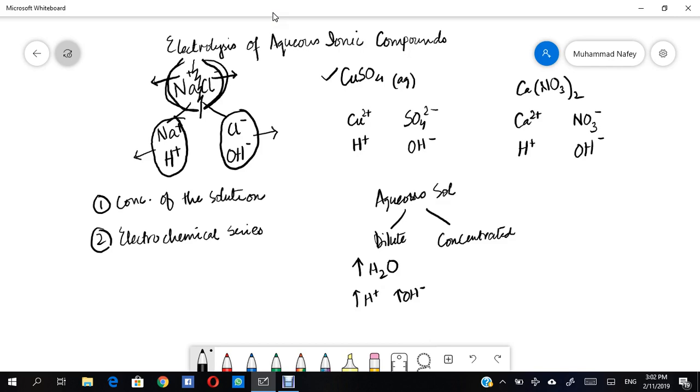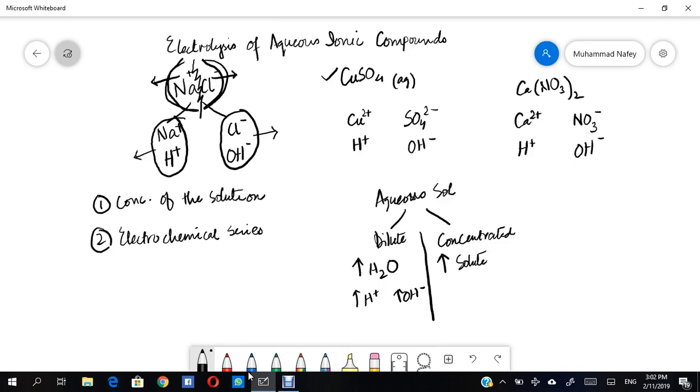On the other hand, a concentrated solution has a proportionately higher amount of ionic compound in it, or any solute to be more general, and therefore it will have more of the cations and anions coming from the ionic compound.